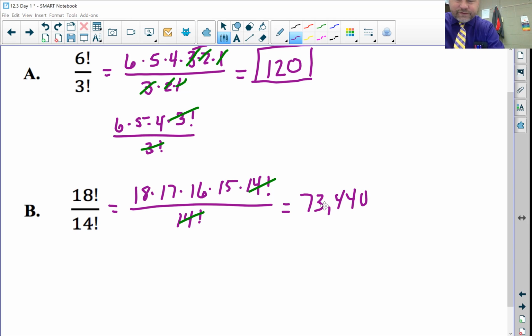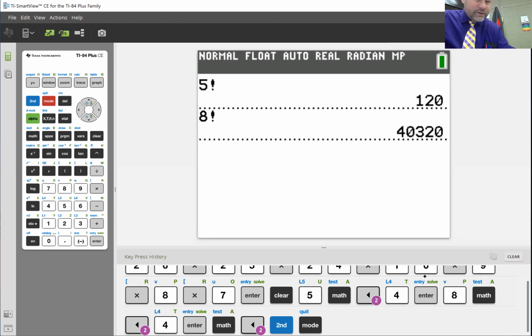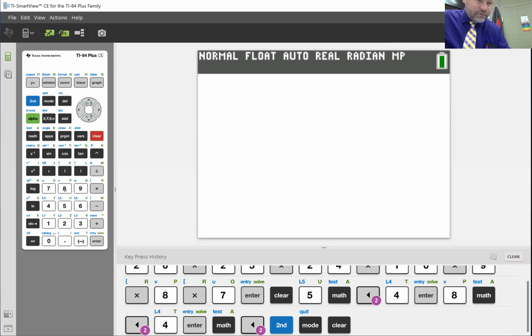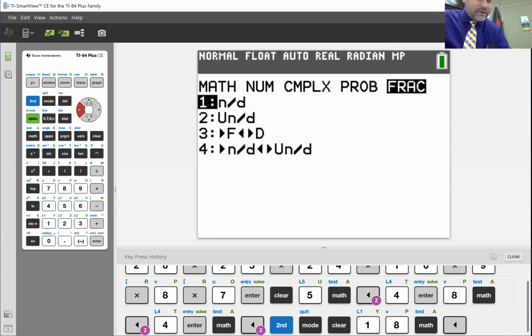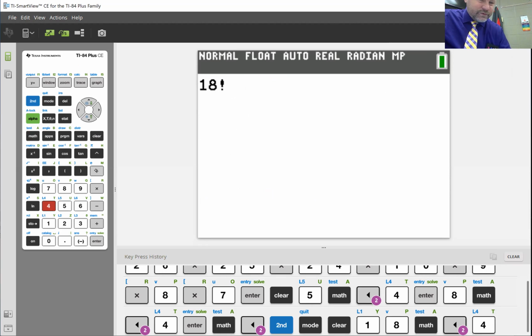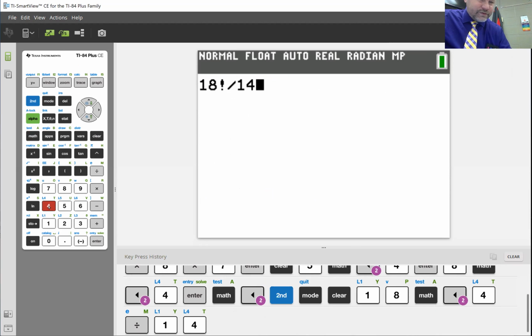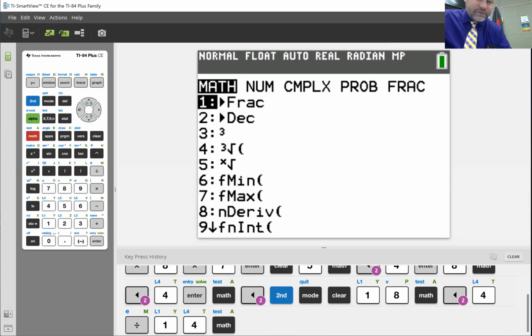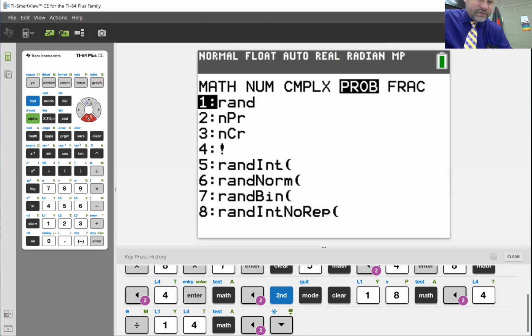Now, if you have a calculator that does factorials, you can certainly use that and do 18 factorial divided by 14 factorial.